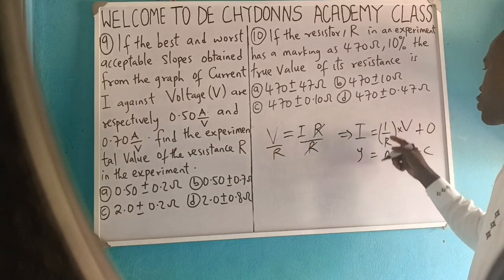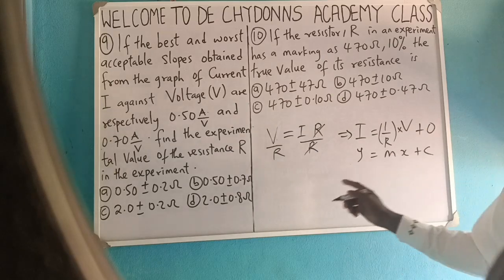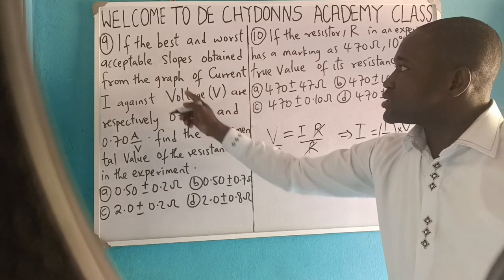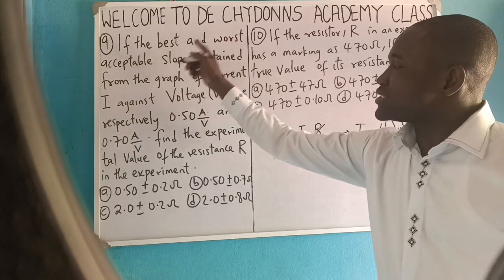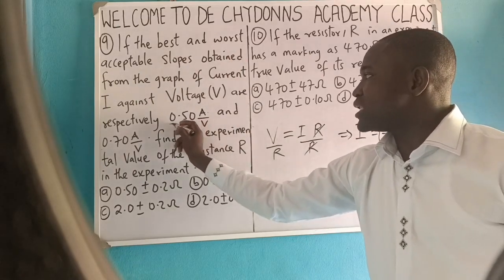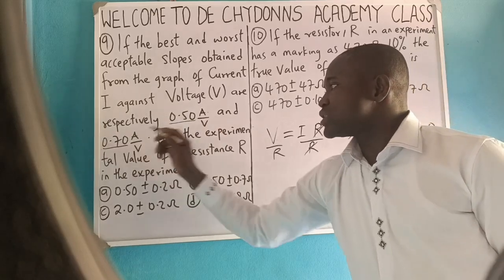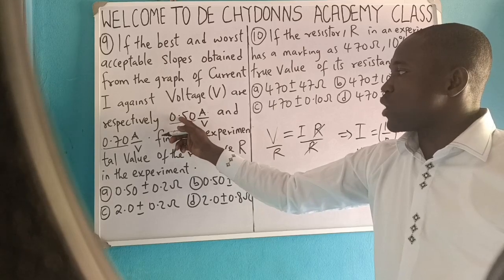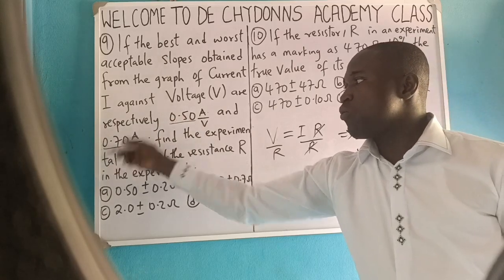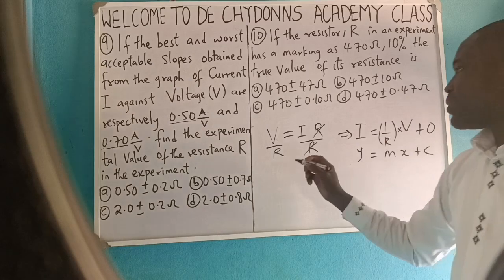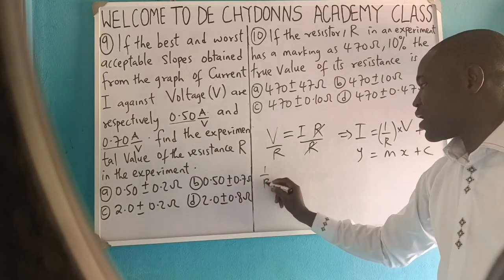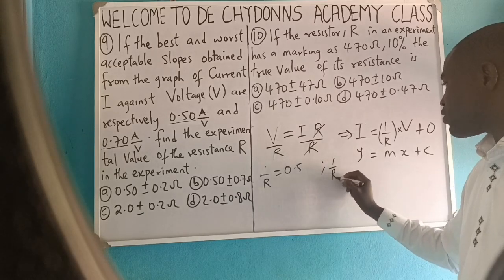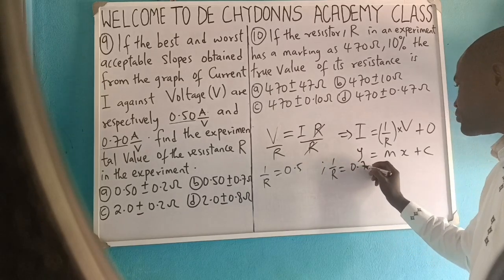Okay, so the slope will be 1 over R. That means the best and worst acceptable slopes are the best 1 over R and the worst 1 over R. So 1 over R is equal to the best one, and also 1 over R is equal to the worst one.